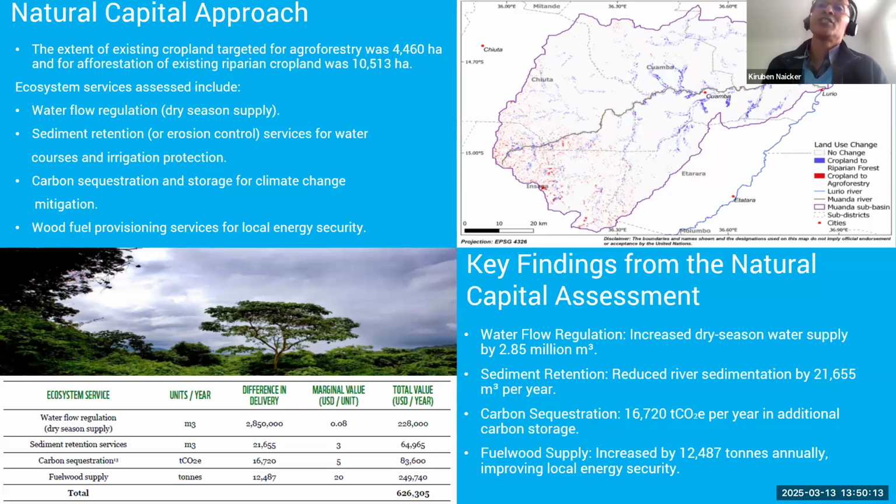For carbon sequestration, there was 16,720 tons of CO2 equivalent per year in additional carbon storage. And in terms of fuel wood supply, this increased by 12,487 tons annually, improving the local energy security.